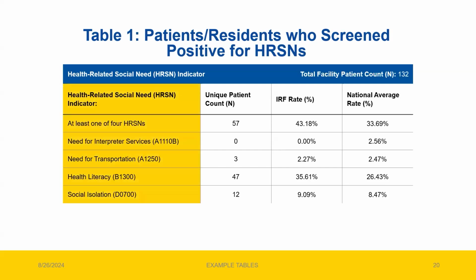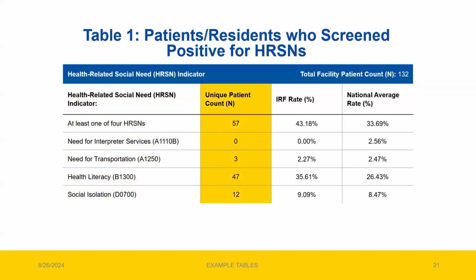Next, we see that the first column in Table 1 specifies which of the HRSN indicators is being reported in each row, starting with the overall HRSN indicator, which reports on patients with at least one of the 4 HRSNs, and followed by each of the 4 individual HRSN indicators. The second column shows the count results for each of the listed indicators.